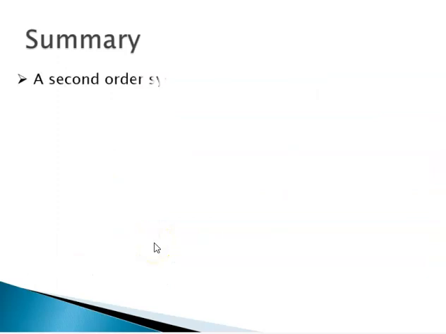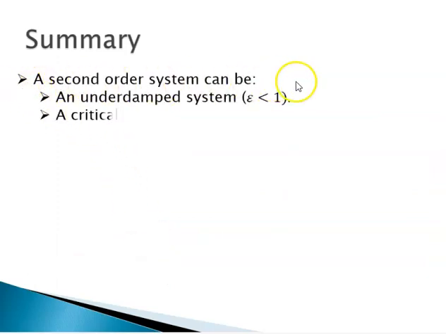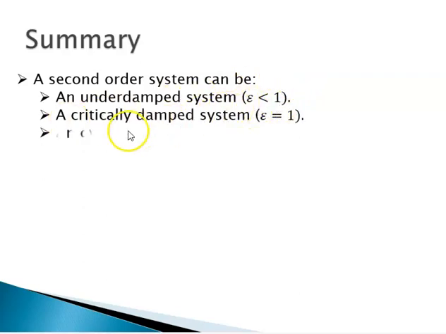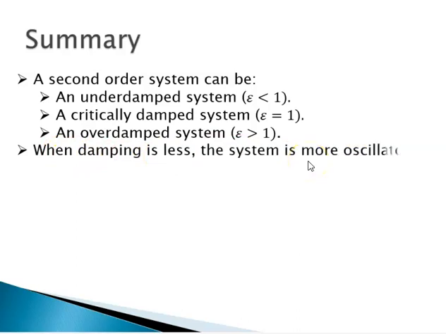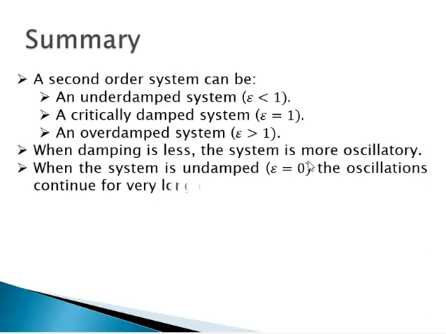I think we can give a summary right now. We saw that a second order system can be an underdamped system, a critically damped system, or an overdamped system. And we saw that when damping is less, the system is more oscillatory.